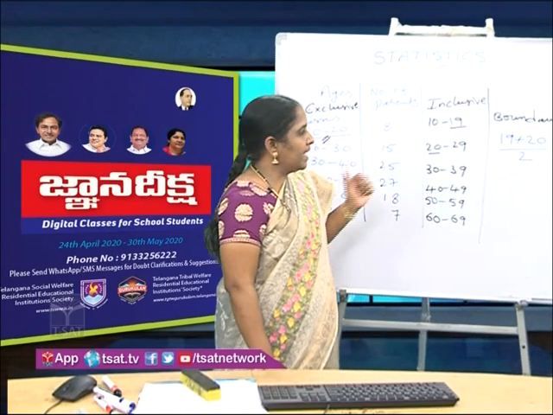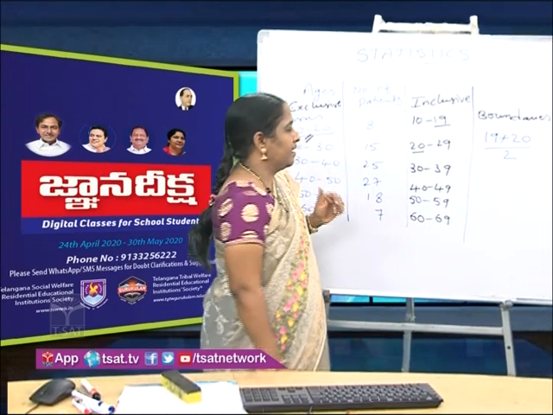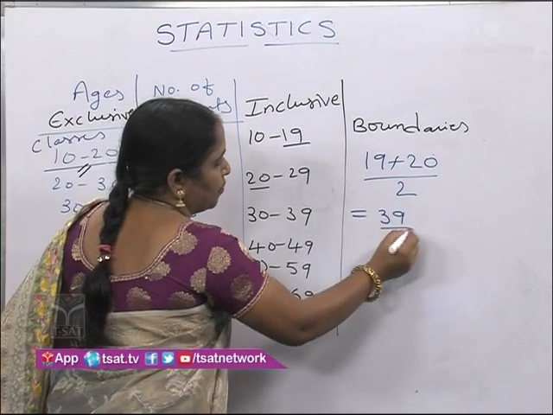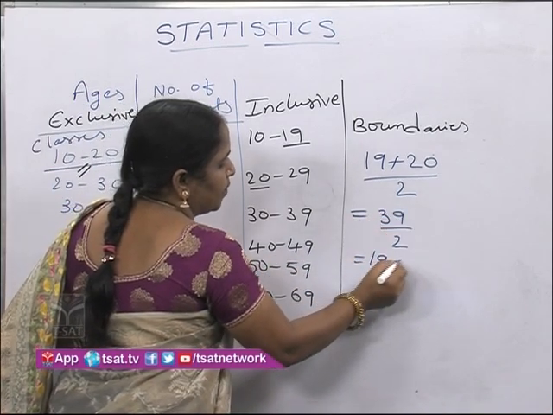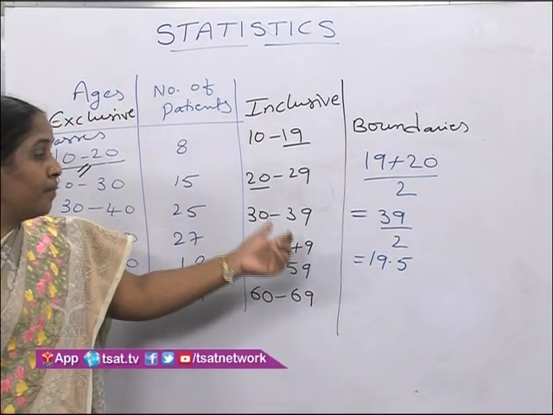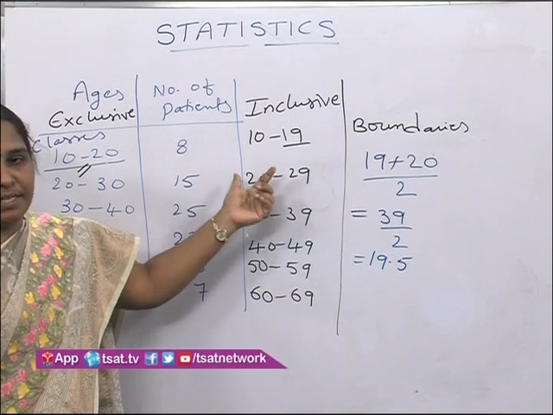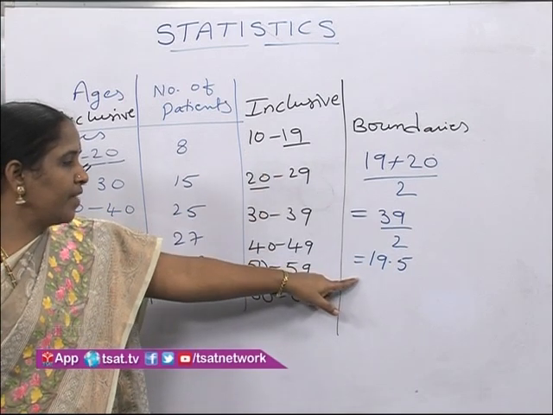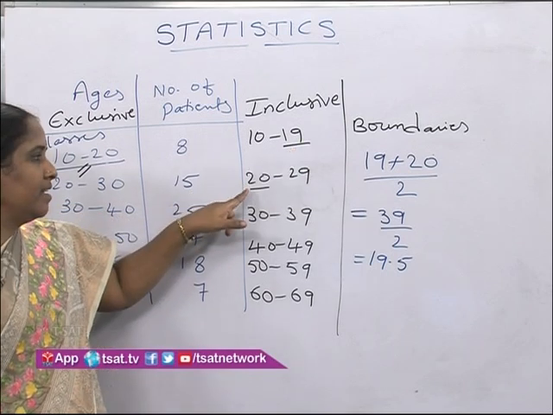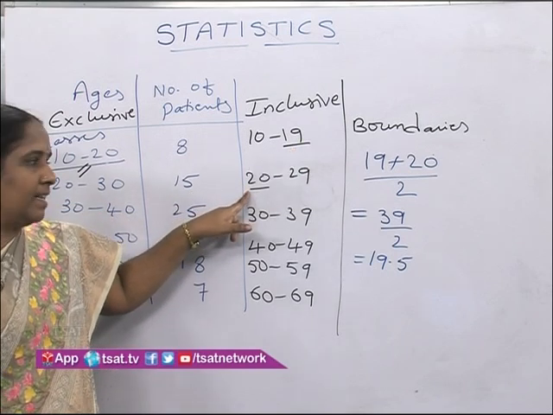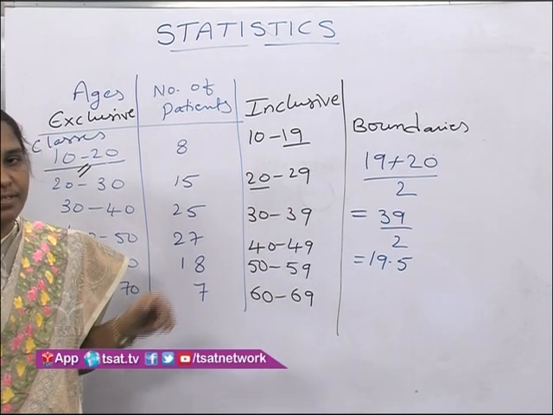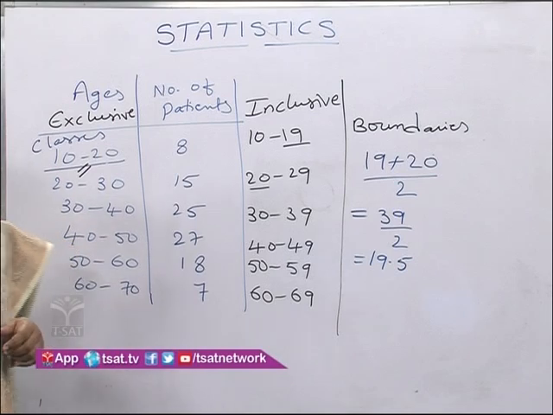So, we are taking the average of the data here. 19 plus 20 is 39, 39 by 2 is equal to 19.5. So, this is how we can find the boundary of a particular class, and this 19.5 is going to be the upper boundary of the first class and the lower boundary of the second class. In a similar way, for the next classes also we can find the upper boundaries as well as lower boundaries.